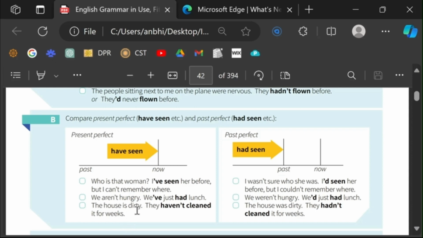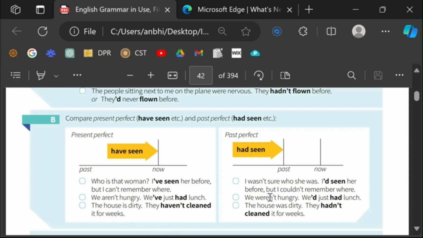Last one, the house is dirty. This is present. They haven't cleaned it for weeks. You see, something that happened before the present. They have not cleaned it. So present perfect. For weeks means many weeks they didn't clean.